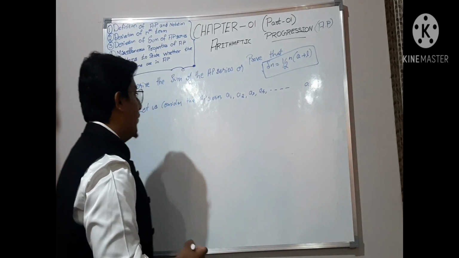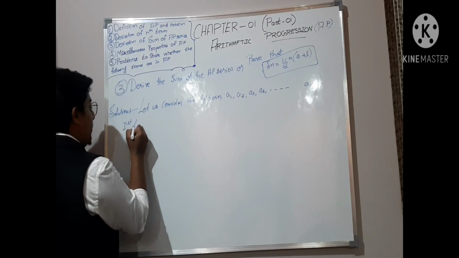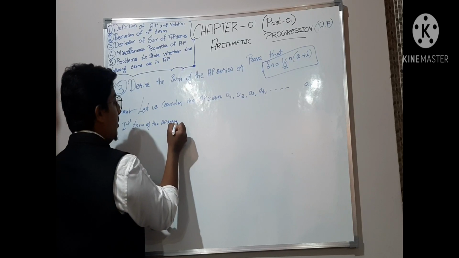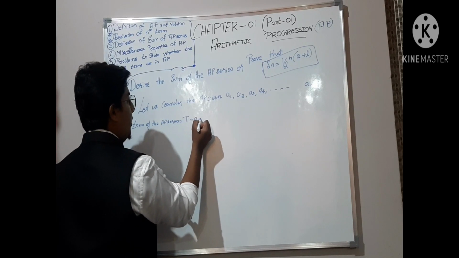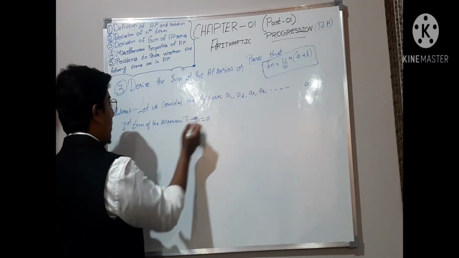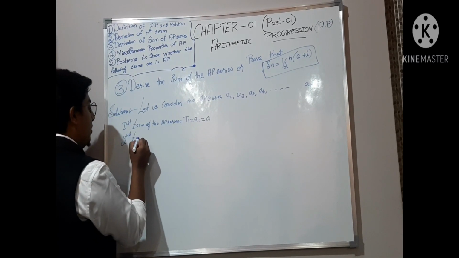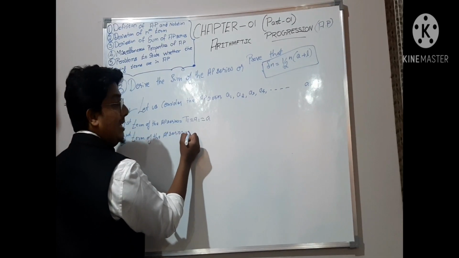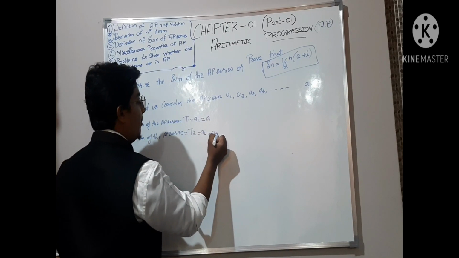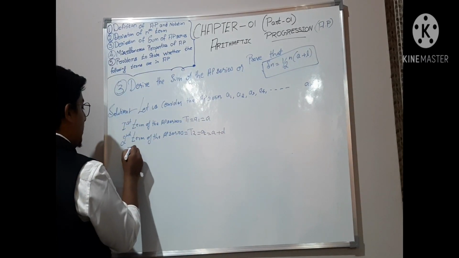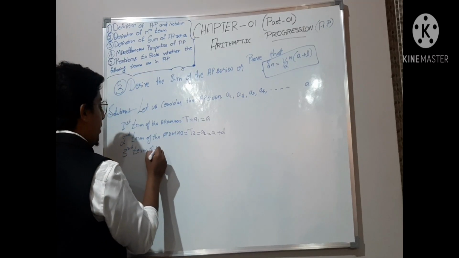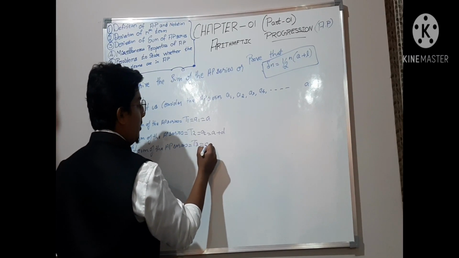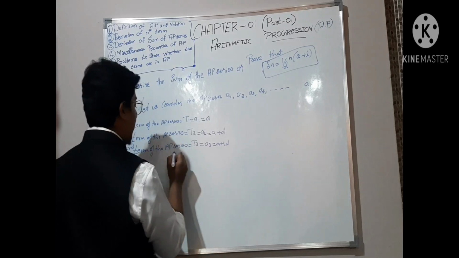We know that the first term of the arithmetic progression series is given as T1 is equal to A1 is equal to A. The second term of the AP series is T2 is equal to A2 equal to A plus D. Third term of the AP series, T3, A3 is equal to A plus 2D, and it goes on.